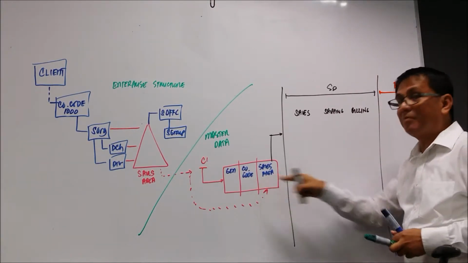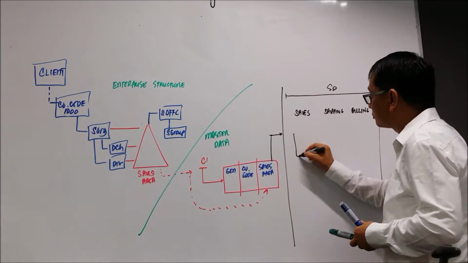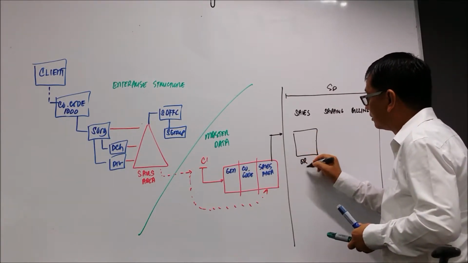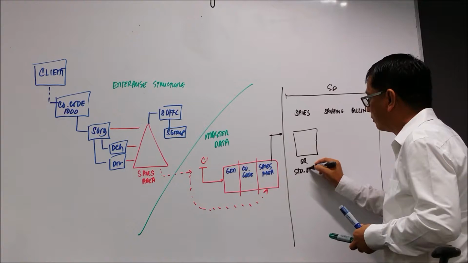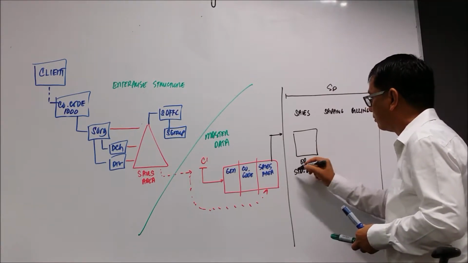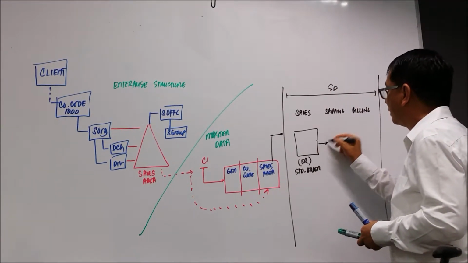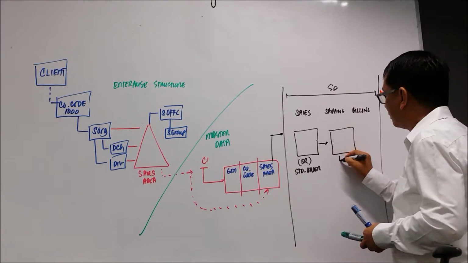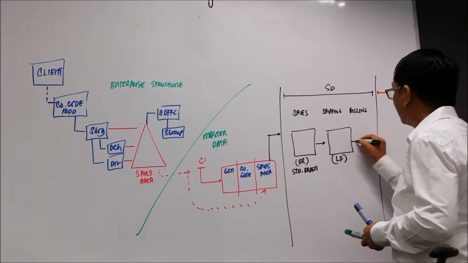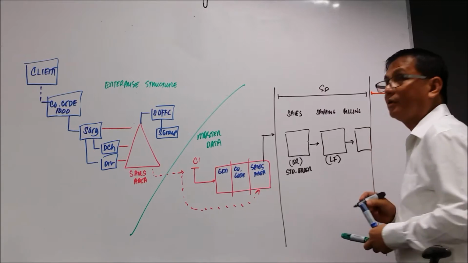From the master data, we jump into sales where we create our standard order, and then we create the delivery document, and then we create a billing document.